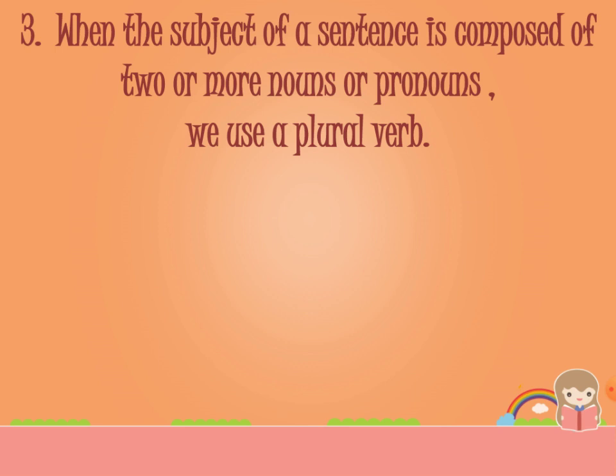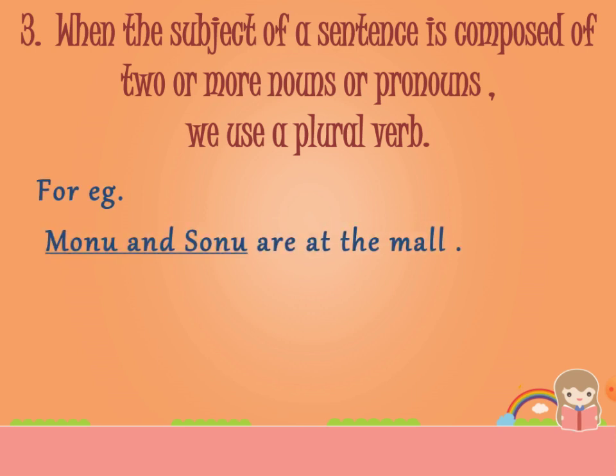Okay. Now the third rule. When the subject of a sentence is composed of two or more nouns or pronouns, we use a plural verb. For example, Monu and Sonu are at the mall. Now dear children, Monu and Sonu both are singular words, but together they become plural.